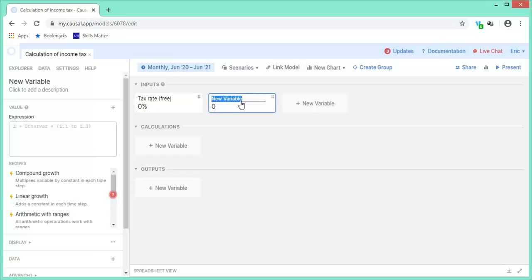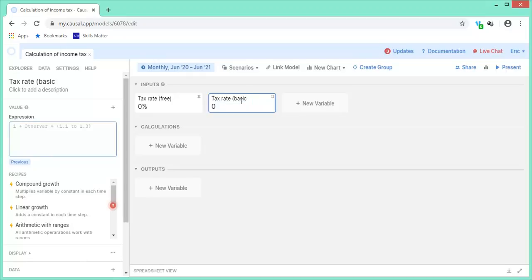After the personal allowance, the next tax band is the basic band. Tax rate, basic, and the percentage, the rate is 20%.